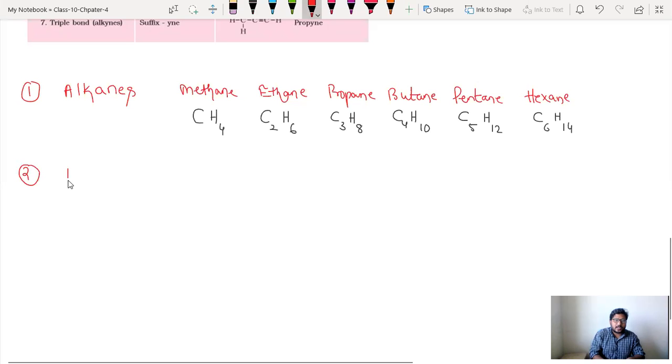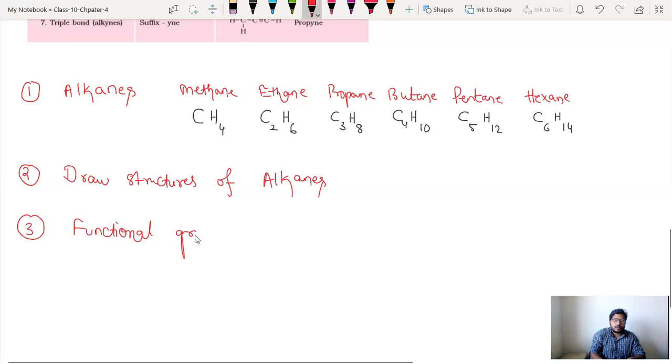You should be in a position to draw structures of alkanes. In the last lecture, we have seen structures of all these alkanes: methane, ethane, propane, butane, pentane, hexane. Third requirement, functional group names.